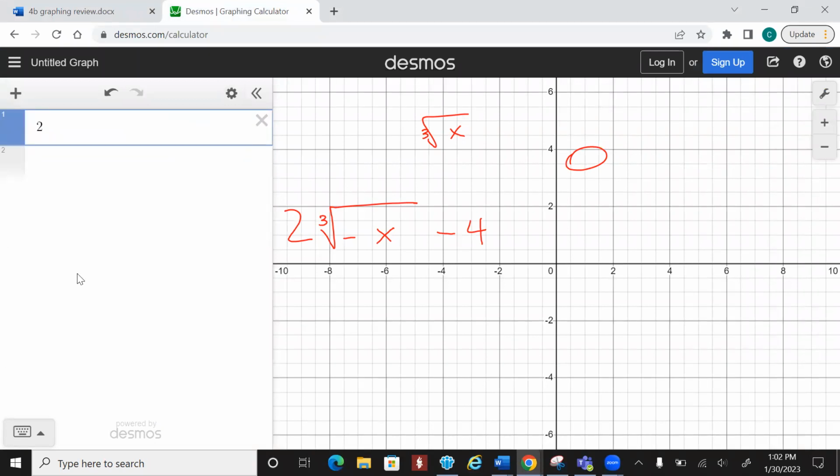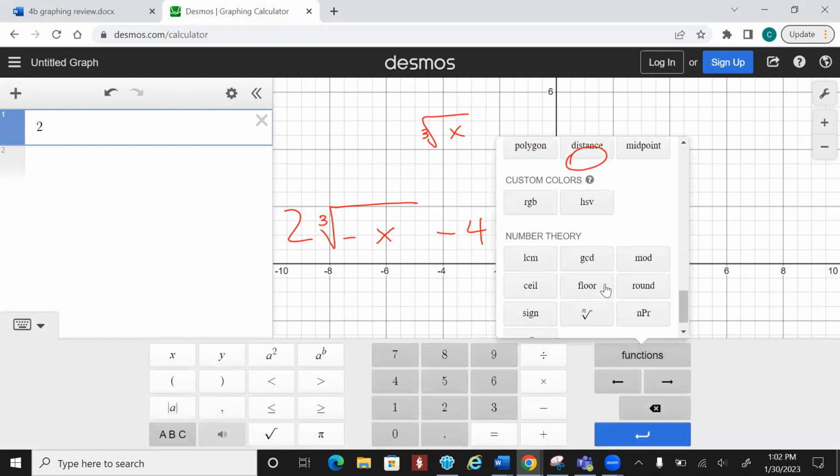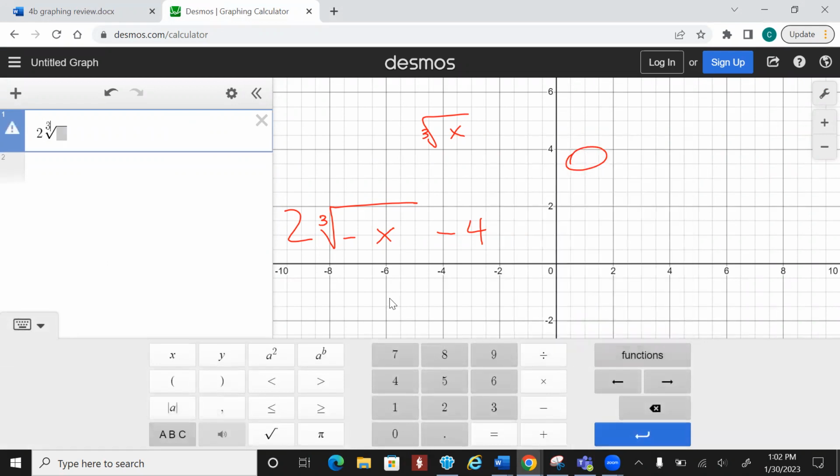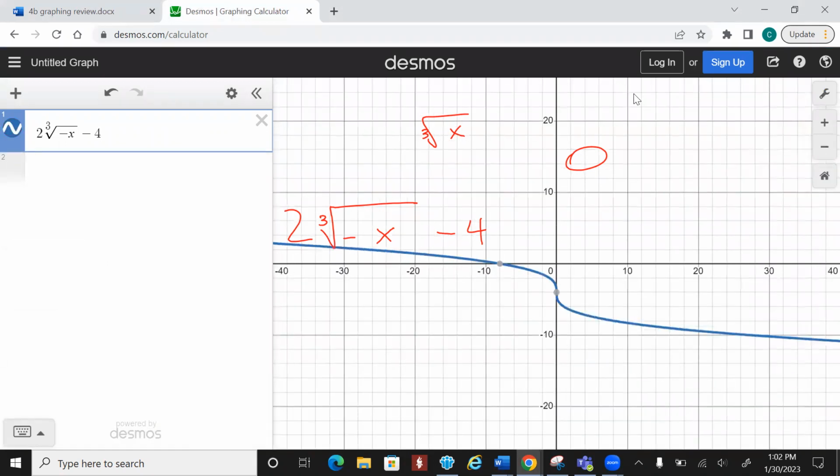Now what we're going to do is type that into Desmos. So we get 2, and then we get the cubic root, and then negative x, -4. Okay, so looking at our graph, we've got this. For end behavior, we're going to say as x goes to negative infinity, what's happening to our y values?